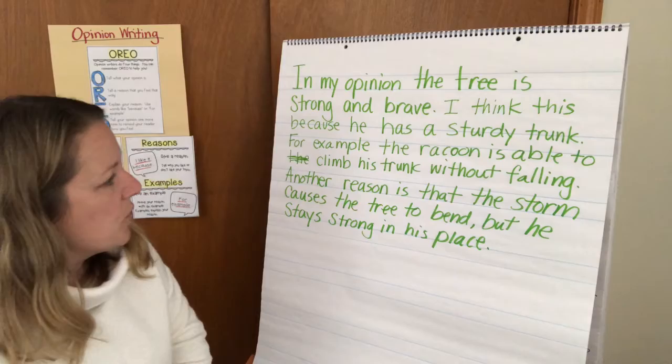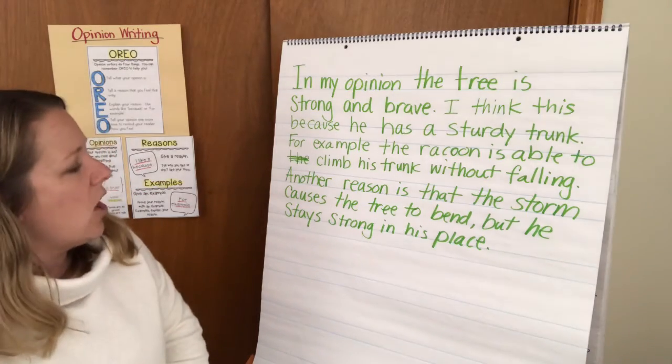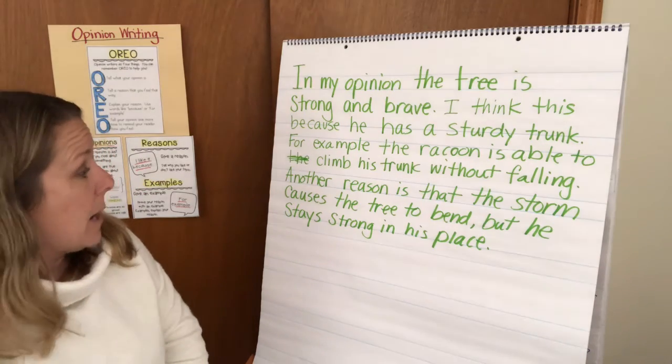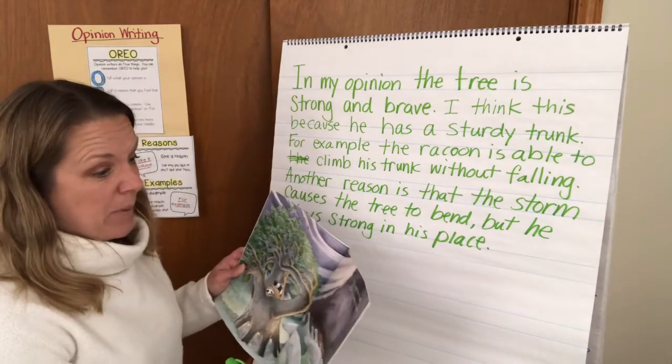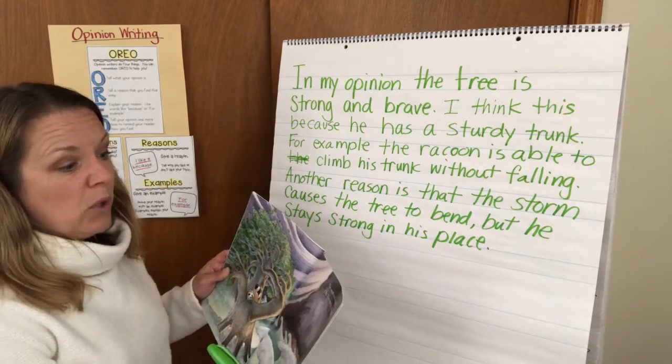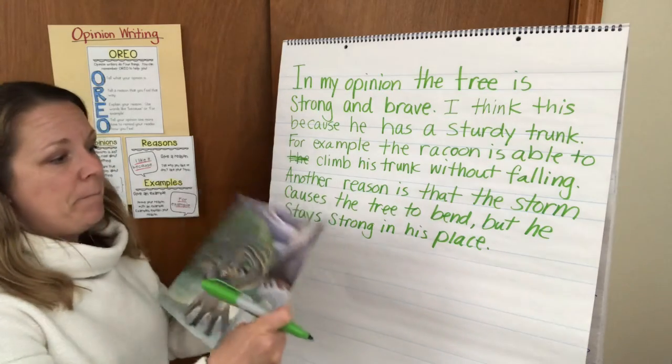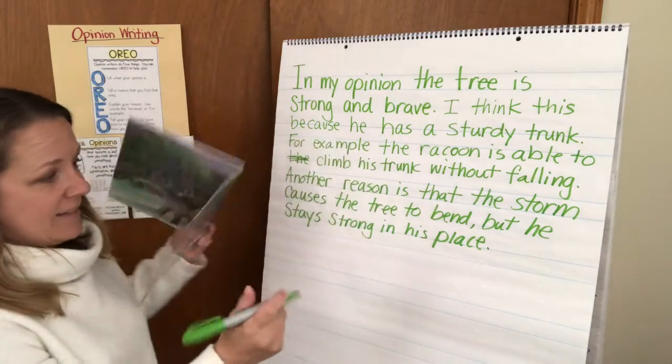Let's see. Another reason is that the storm causes the tree to bend, but he stays strong in his place. And I could say, for example, the wind tries to pull old tree by the roots, but it can't.